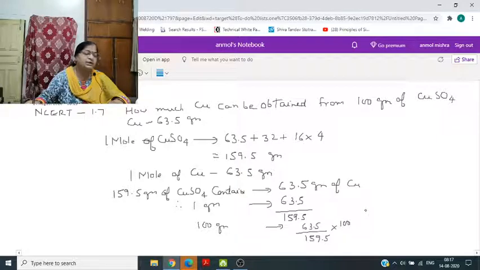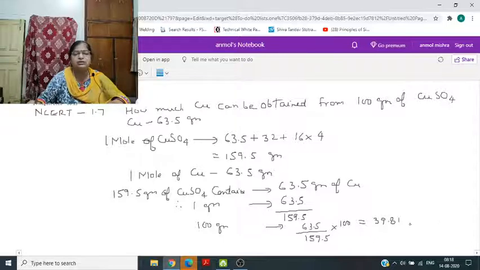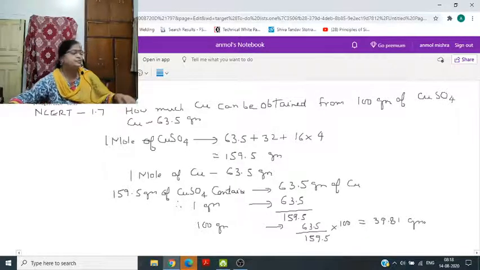So you will get the answer, that is equal to 39.81 grams. Similarly, many more questions are there. You can solve them.